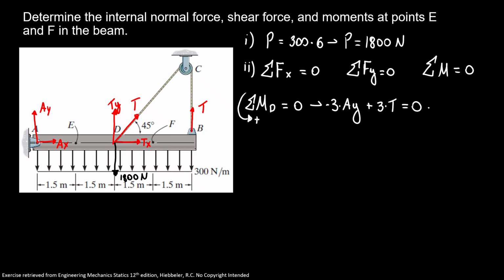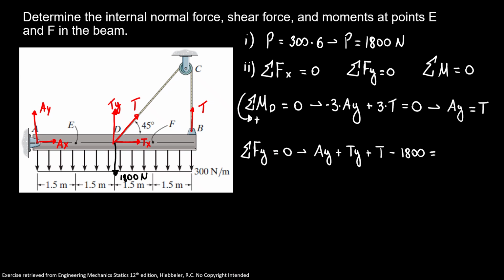From this equation we have AY is equal to tension. Now we're going to use the sum of forces in Y is equal to 0. So here we have AY plus TY plus T minus 1800 is equal to 0. Everywhere we have T, we're going to put AY.